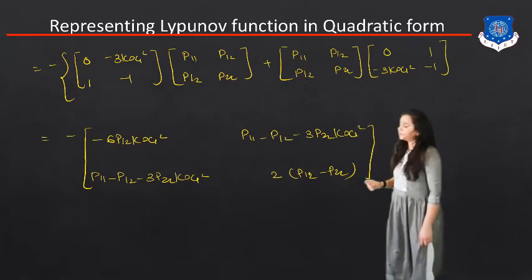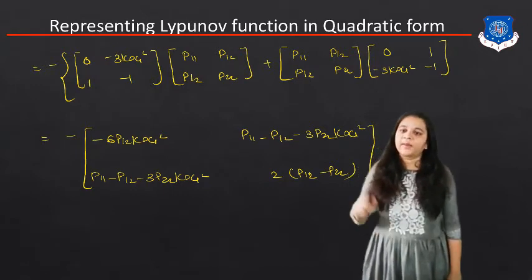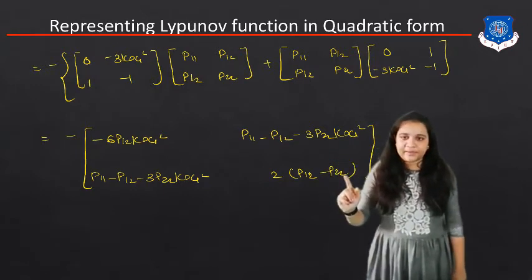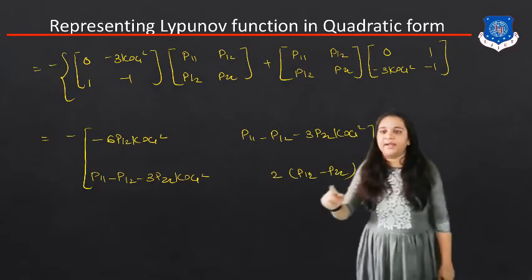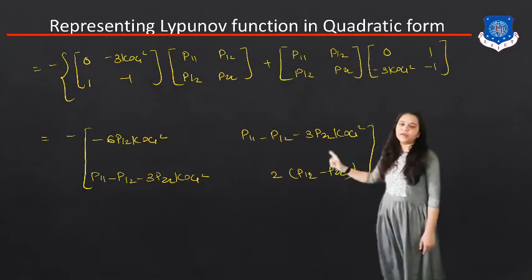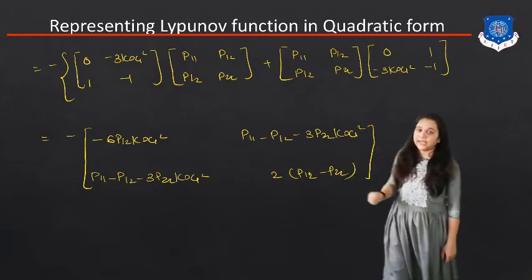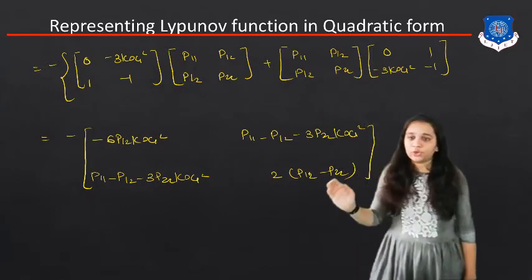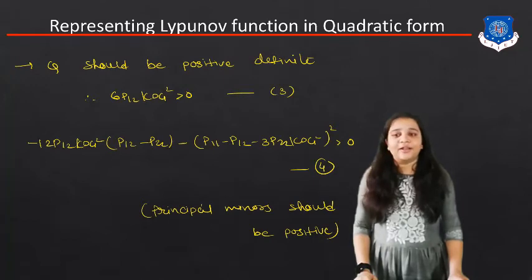We can get minus 6 P12 k x1 square in the first term, then P11 minus P12 minus 3 P22 k x1 square, then the third term is P11 minus P12 minus 3 P22 k x1 square, and the last one is 2 in the bracket P12 minus P22. Now we have to find the value of P11 and P22.